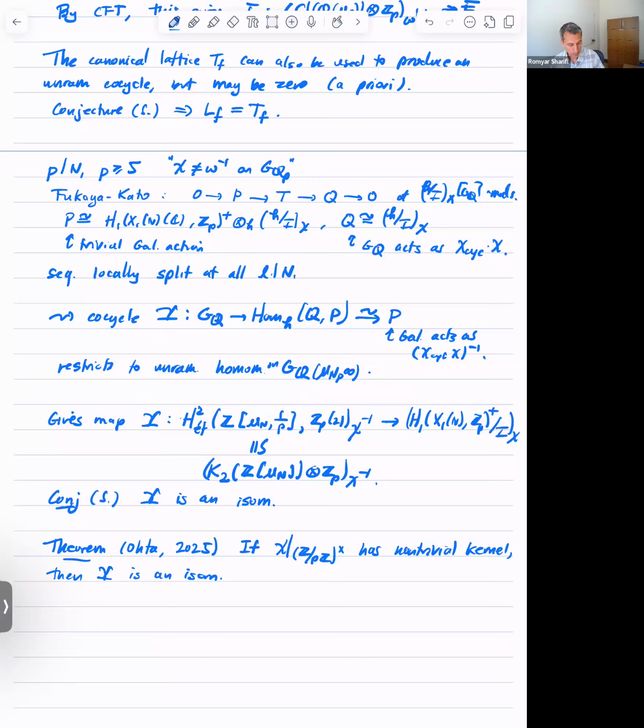And so maybe I should say I want to think about it in terms of K2 because that's something that's integral. So it already exists without tensoring with Z_p. And what is K1? K1 is just the units in the ring. So this is what we call the group of n-units in Q(mu_n).